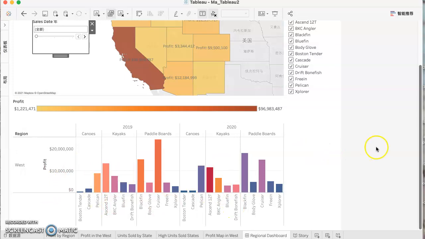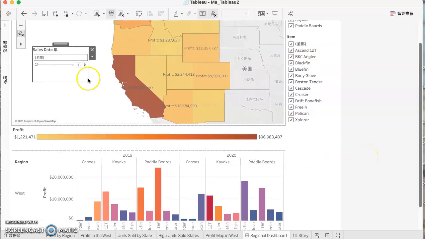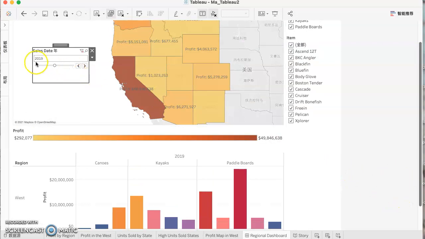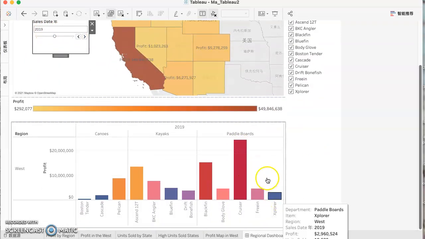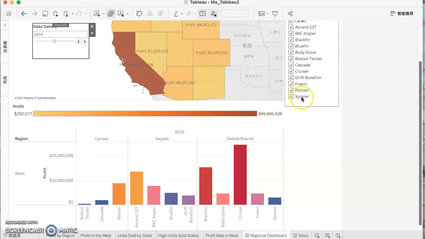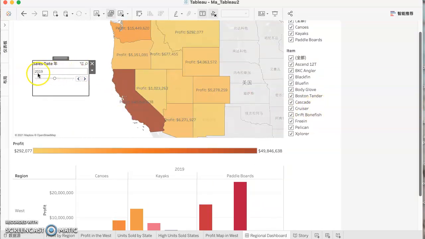I include these two parts together because I want to look at the profit growth in different years. For example, let's look at 2019. I can see that the cruiser contributes the most to the West profit in 2019.